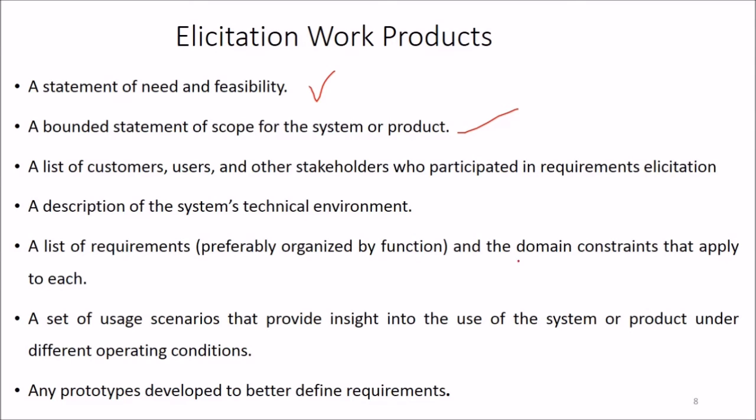Then a list of requirements and the domain constraints that apply to each, and a set of usage scenarios that provide insight into the use of the system or product under different operating conditions. And any prototypes developed to better define the requirements are always welcome.